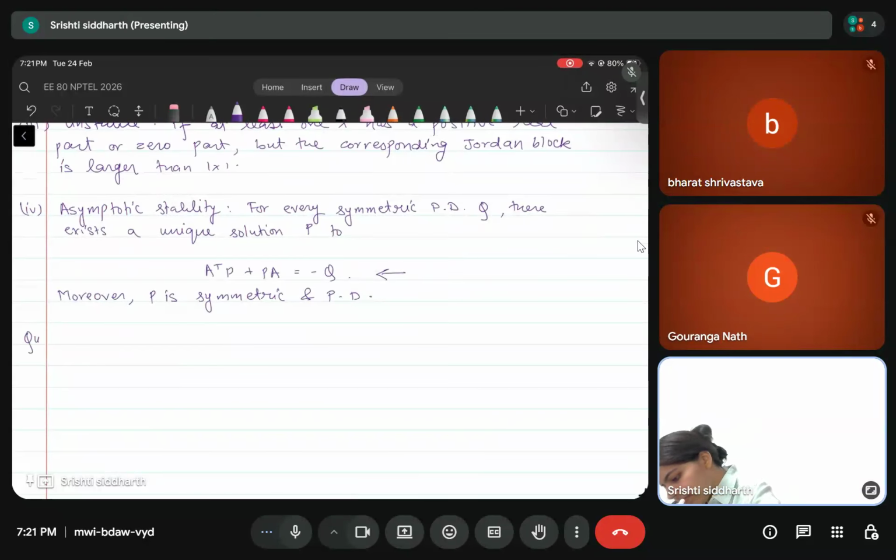Question. Consider the linear system with A equals 2, 1, 0, minus 2.